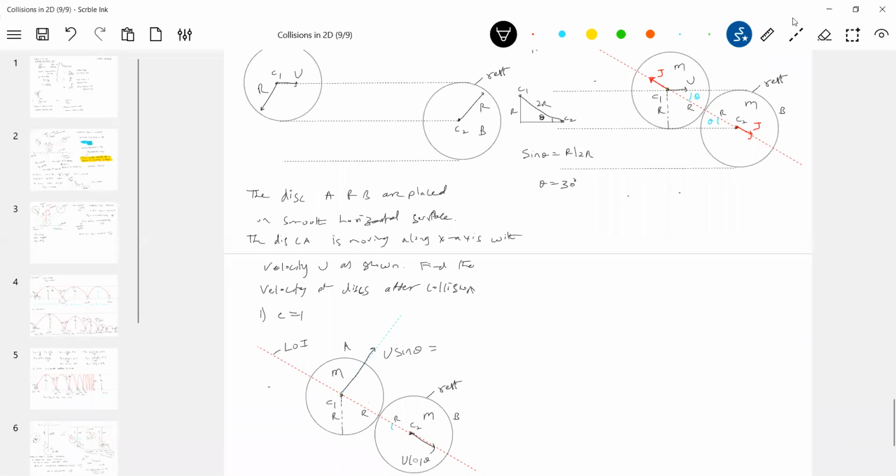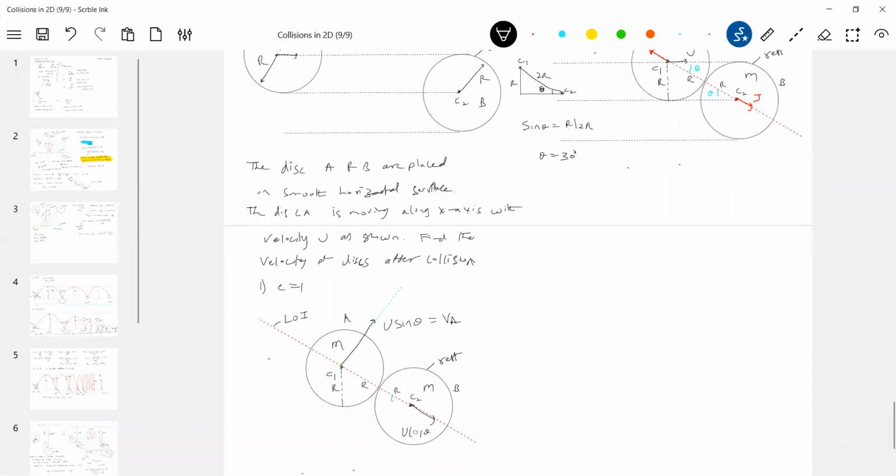So this will be the velocity of sphere A. This will be the velocity of sphere B. And VA and VB will be perpendicular. This is for e equals 1.